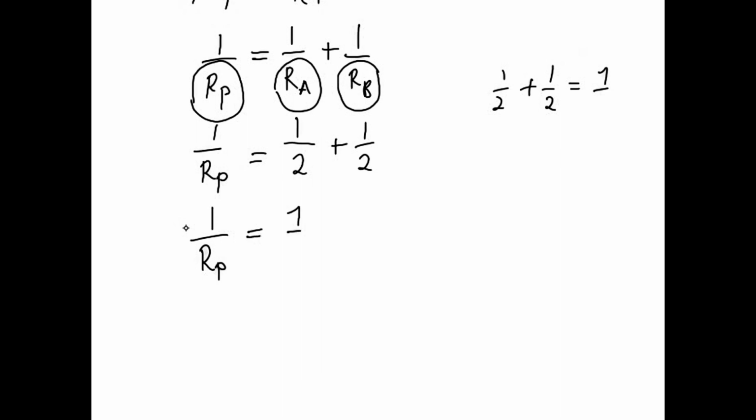But immediately you can see this Rp is still at the bottom. There's many ways of doing this. Some people may cross multiply, but for me, the easiest way is to write both the left-hand side and the right-hand side of this expression as a fraction. Remember, a fraction has a numerator and a denominator.